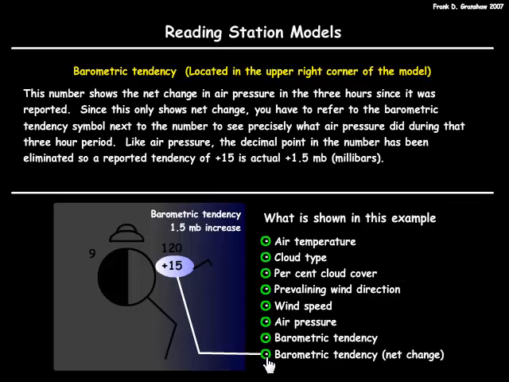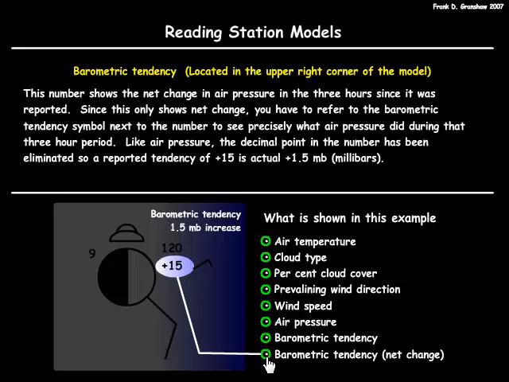Here you're going to see a plus sign or a minus sign if it's rising or falling, and then a number. Here it's 15, but that's not our change. We need to add a decimal place in there, so this would be interpreted as 1.5. So let's say you had a value of 100.